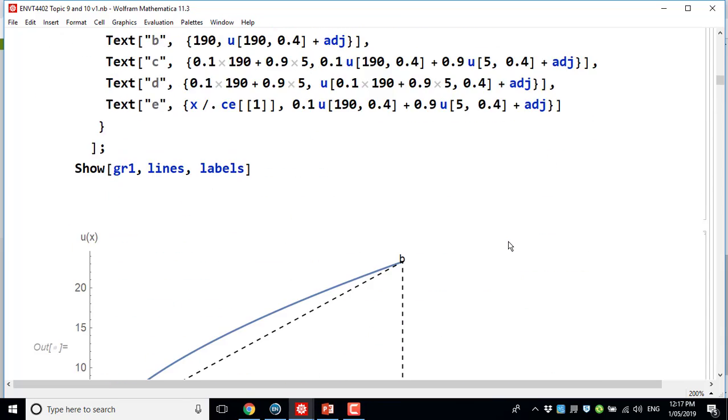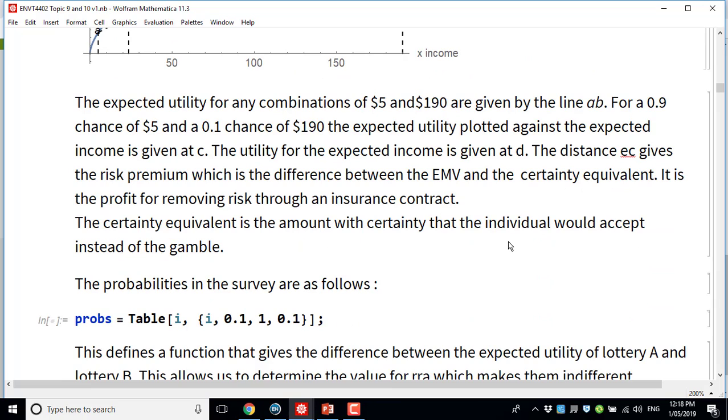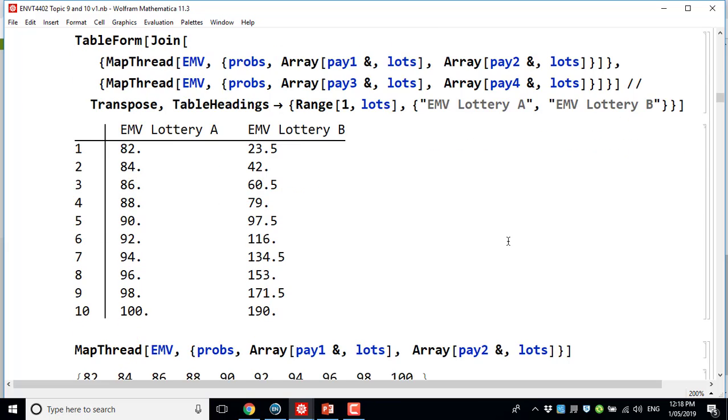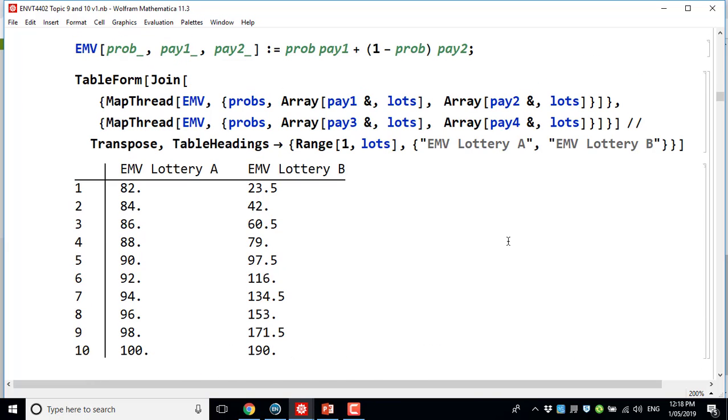So what we want to know first of all is how the expected utility will be different between these two options, option A and option B. So here, this is the expected monetary value for lottery A and lottery B. You can estimate yourself as well. But basically, it's in the slides that I presented, the difference in expected values. But here you can compare yourself.